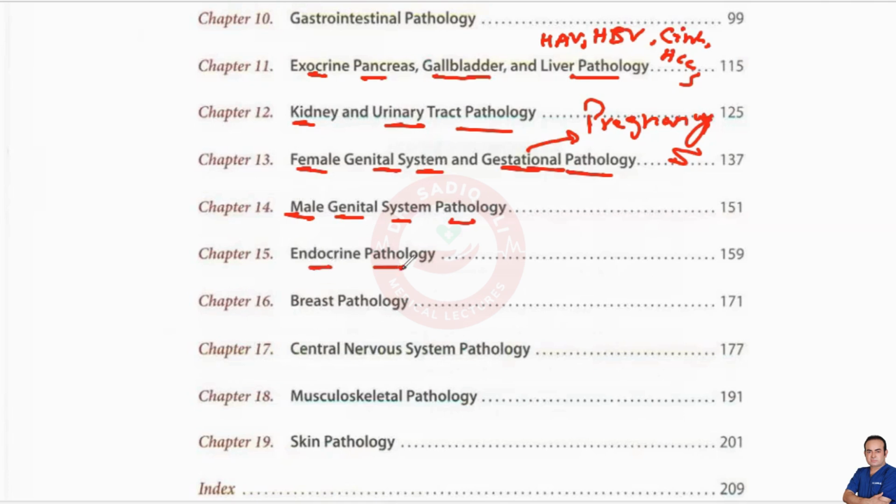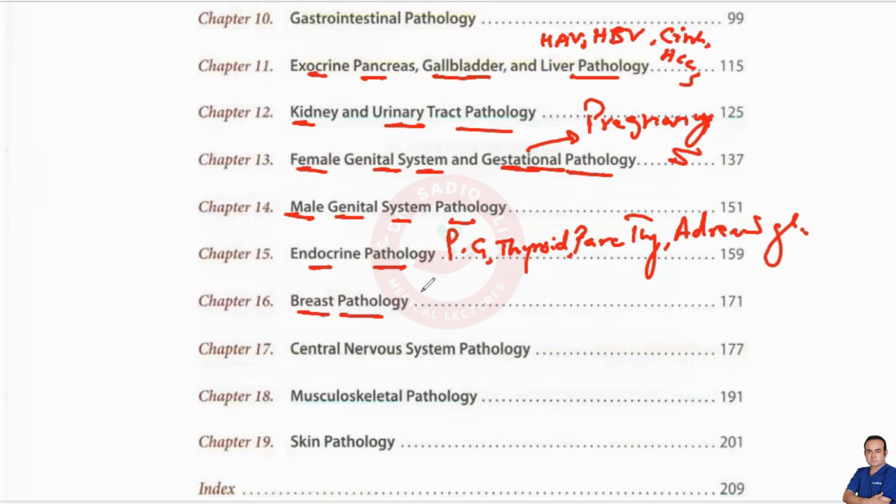Then we will discuss endocrine pathology, like the most important pituitary gland, thyroid gland, hyperthyroidism, hypothyroidism, parathyroid, hyperparathyroidism, hypoparathyroidism, adrenal gland, like Cushing syndrome, pheochromocytoma, Addison disease. Then breast pathology.